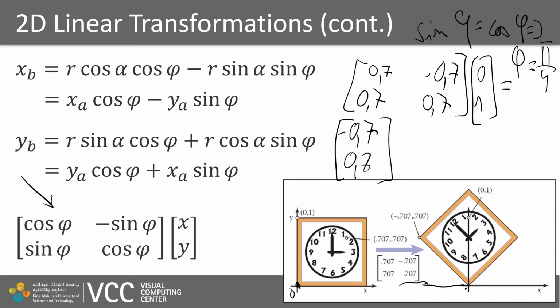The x-coordinate is now minus 0.7, and the y-coordinate has also shrunk from 1 to approximately 0.7. So this holds, as we have just tried out.